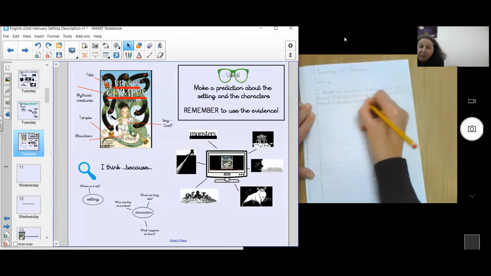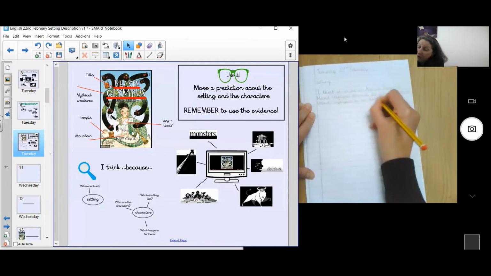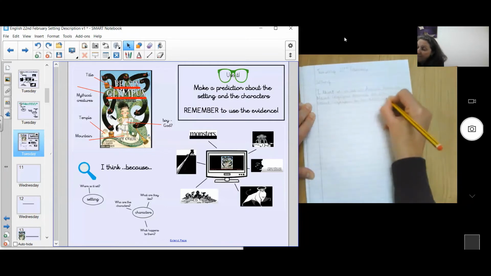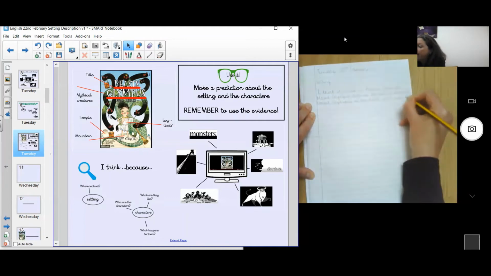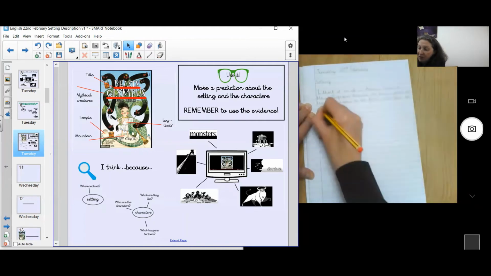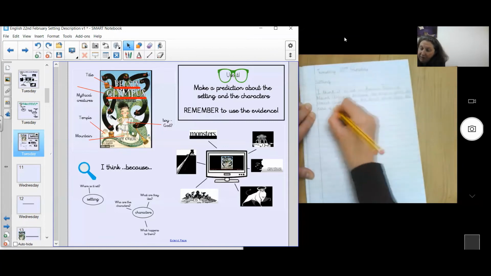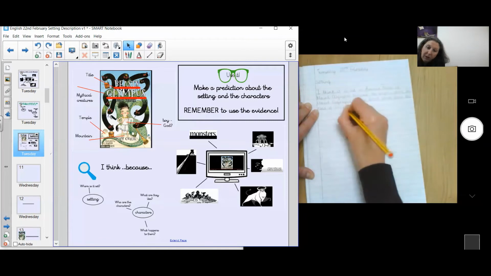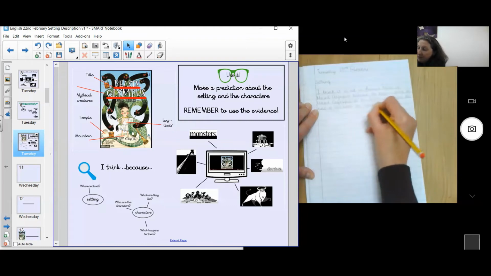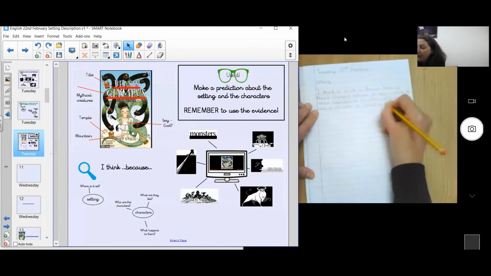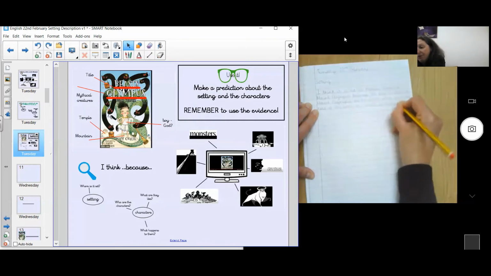On the book, and the title of the book is Beasts of Olympus.